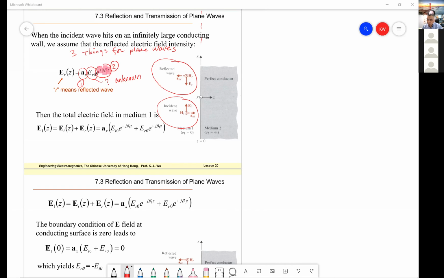Okay, now we have mathematically described the incident wave and the reflected wave in medium 1, and then we can imagine the total electrical field.